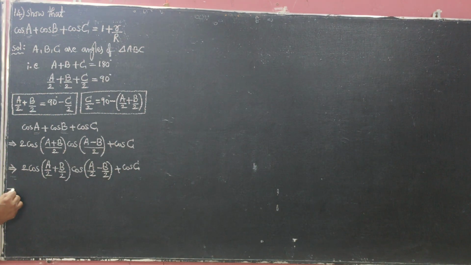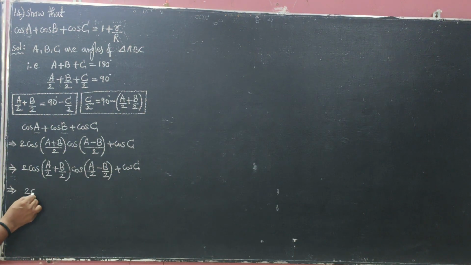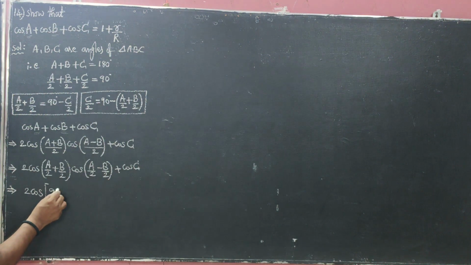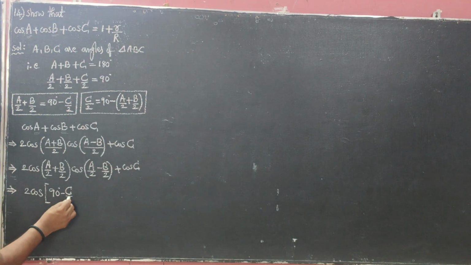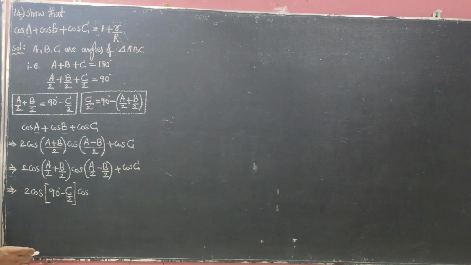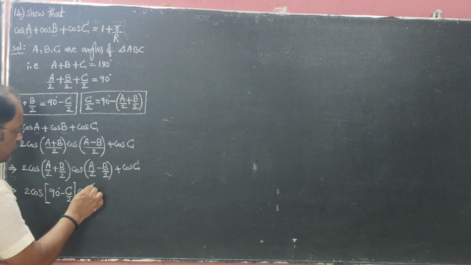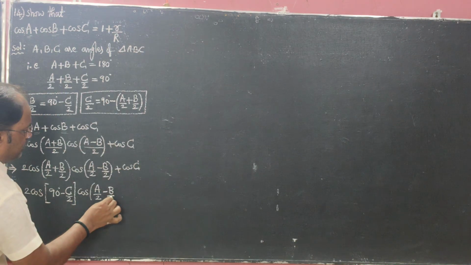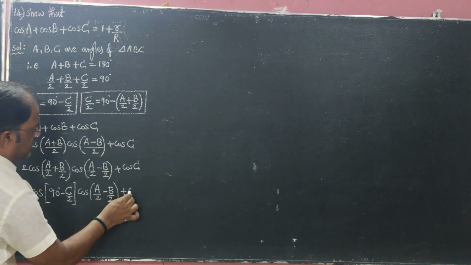Now we can use the value of A by 2 plus B by 2, which is 90 degrees minus C by 2. The cos of A by 2 minus B by 2 remains as it is, and plus cos C also as it is.